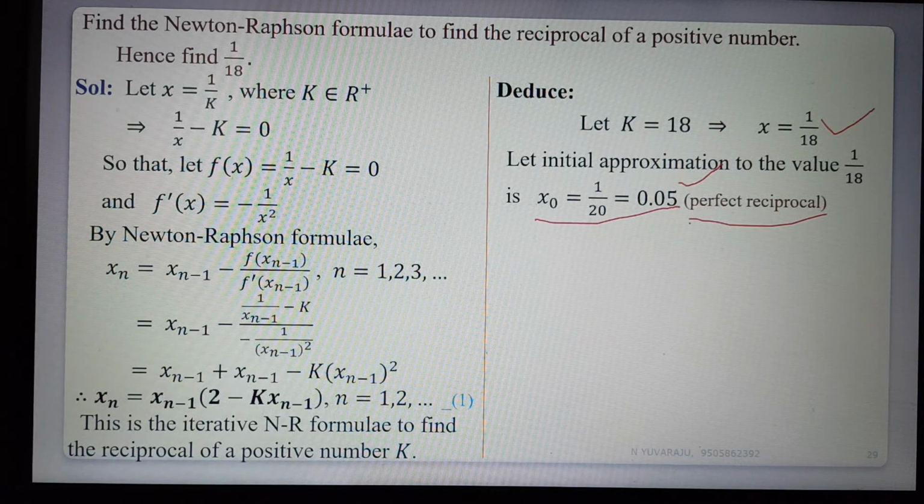So this is the assumption and initial value near 1 by 18, so x naught is equal to 0.05.